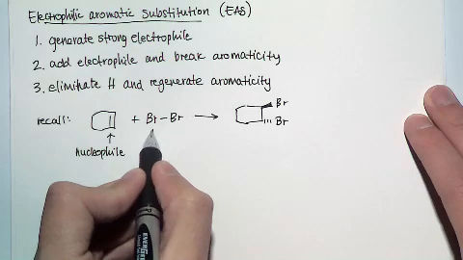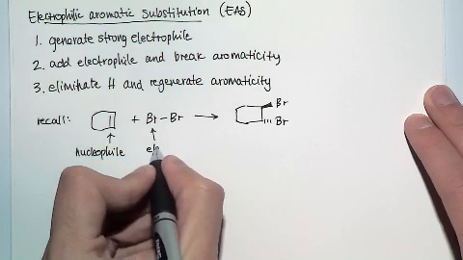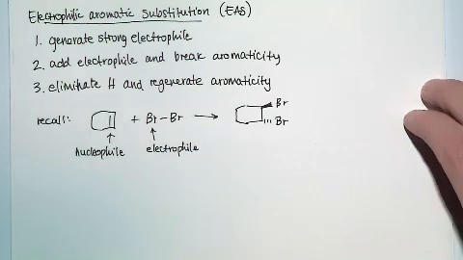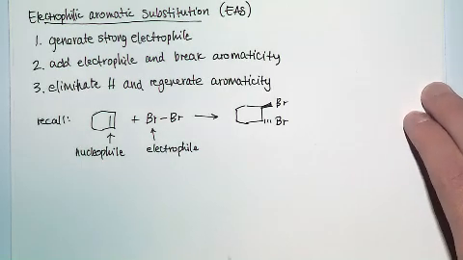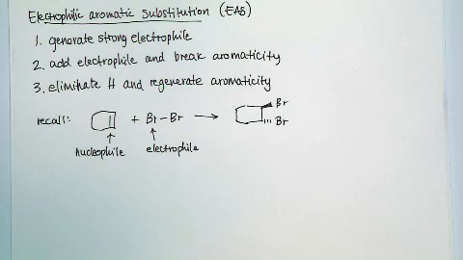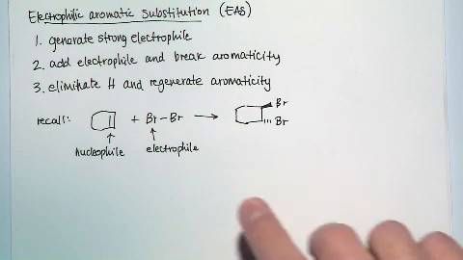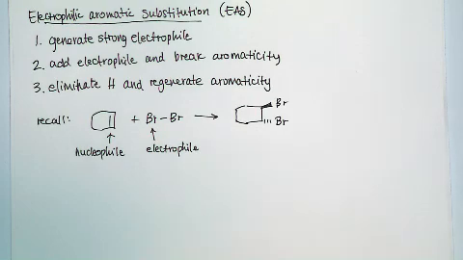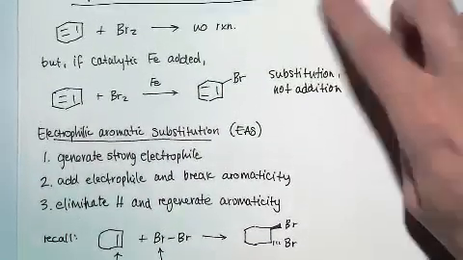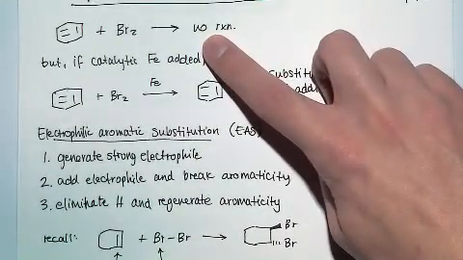And the electrophile is the bromine, specifically one of the bromine atoms of diatomic bromine. But anyway, and so we have to generate a strong electrophile. Well, this is not strong enough on its own to react with benzene, as is evidenced by the fact that that reaction does not occur.